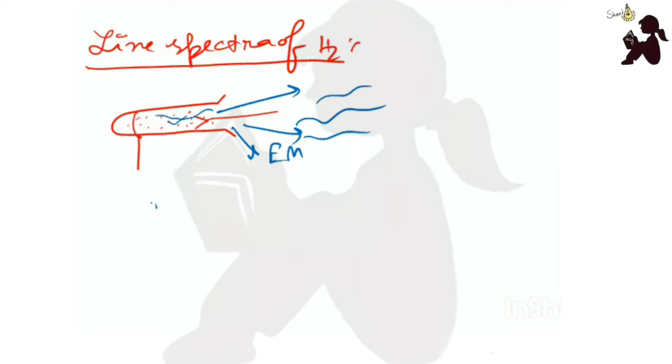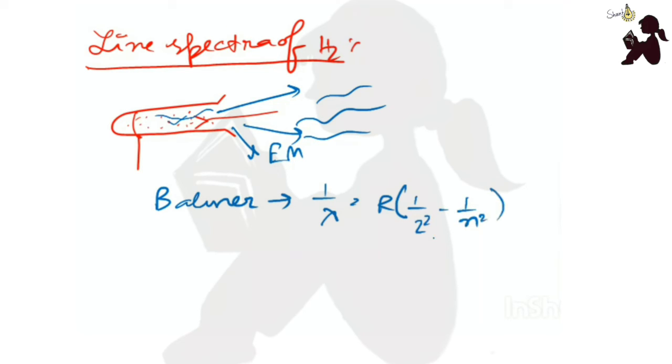Now, Balmer first saw that this has a value around 1 by 2 square minus 1 by n square.